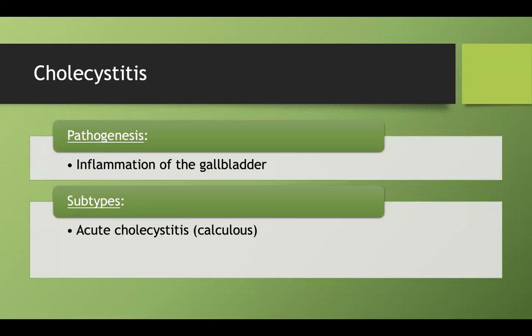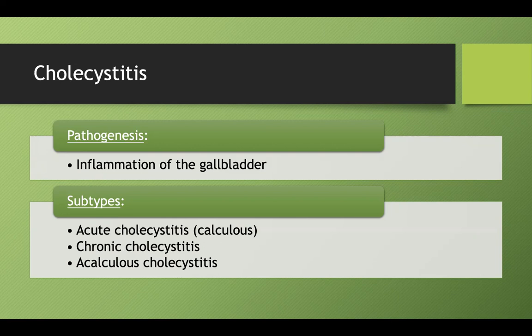The one we've kind of been talking about so far is acute cholecystitis, specifically acute calculous cholecystitis, which just means cholecystitis caused by a calculi or a stone. You can get chronic cholecystitis as well, and you can also have a rare type of cholecystitis called acalculous cholecystitis, which is where you're getting inflammation of the gallbladder unrelated to any gallstone in the way.